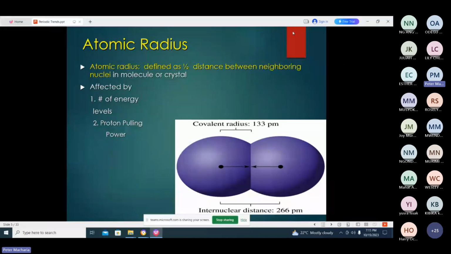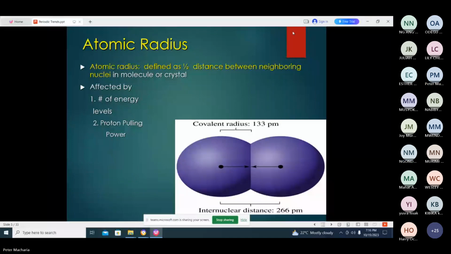So usually, the determination of an atomic radius is done by considering atoms of elements that are in molecules, and what can be determined physically is the distance from the nucleus of one atom to the nucleus of another atom for molecules that have joined together.